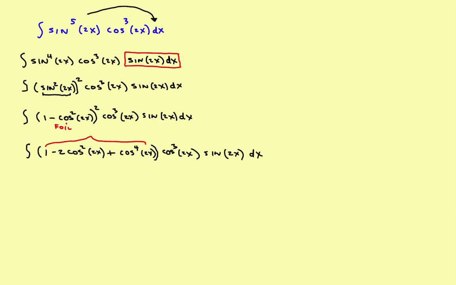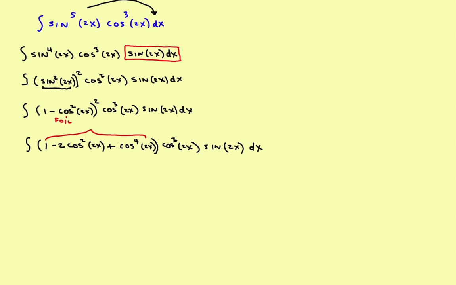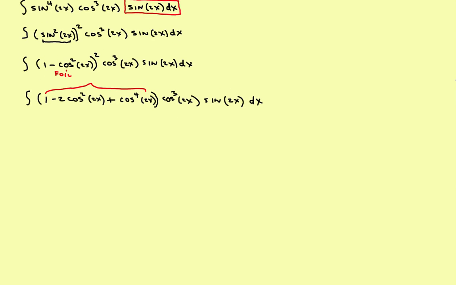So we'll go ahead and move our screen down just a little bit here. So this is going to become the integral of, now again, 1 times the cosine cubed would give you the cosine cubed of 2x. Then you've got minus 2. Now again, add the exponents. Cosine squared times cosine cubed, 2 and 3 would give you cosine to the 5th power.